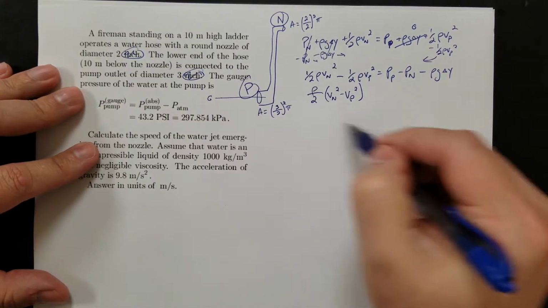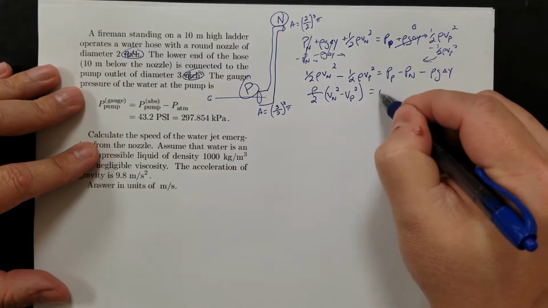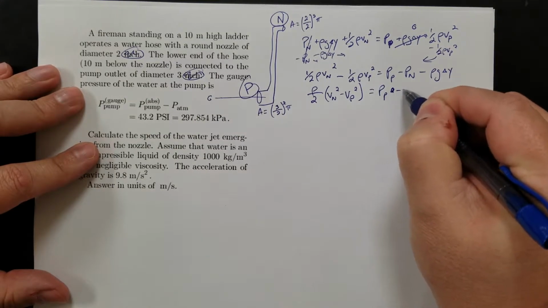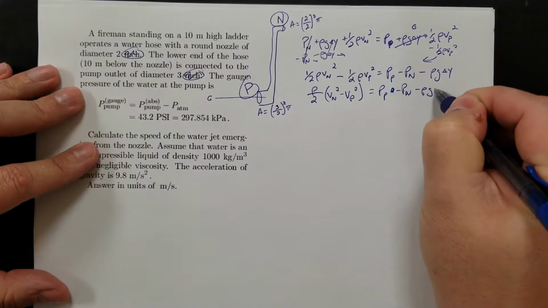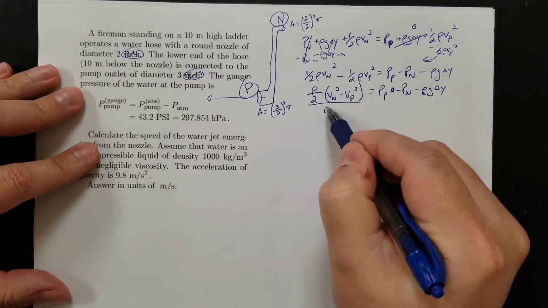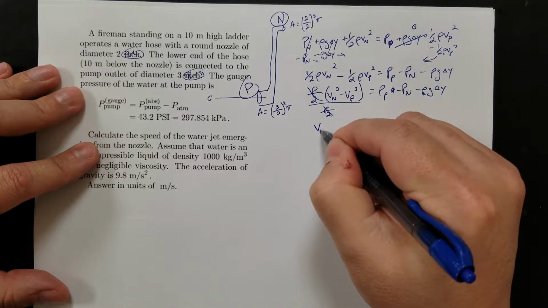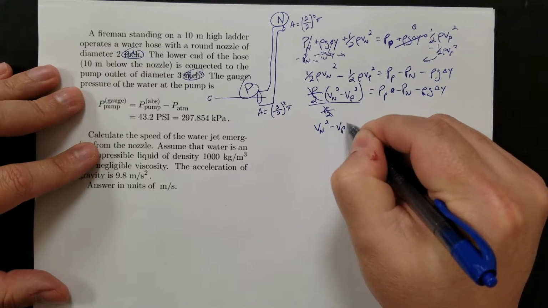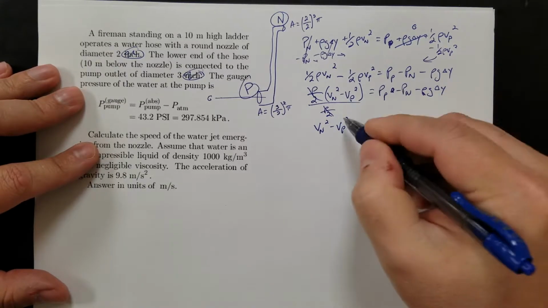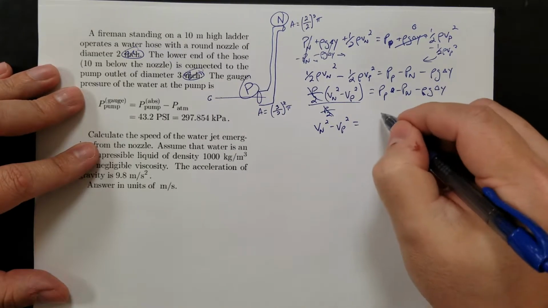And now I'm going to divide by rho over 2. So that equals pressure pump minus pressure nozzle minus rho g delta y, that's a density. Now I'm going to divide by rho over 2, and that'll cancel that to the other side. So v nozzle squared minus v pump squared equals, if I divide by rho over 2, that's the same thing as I can multiply the 2 up.